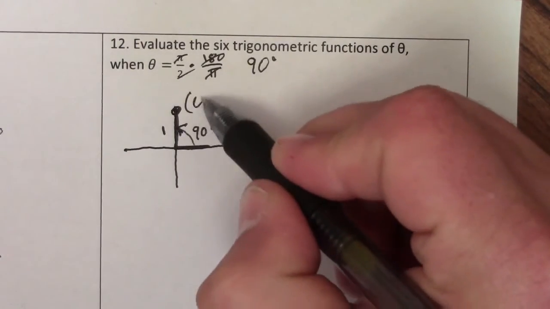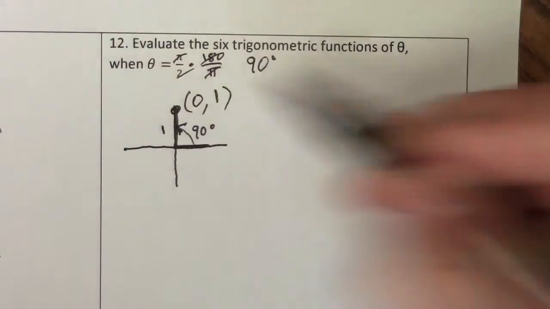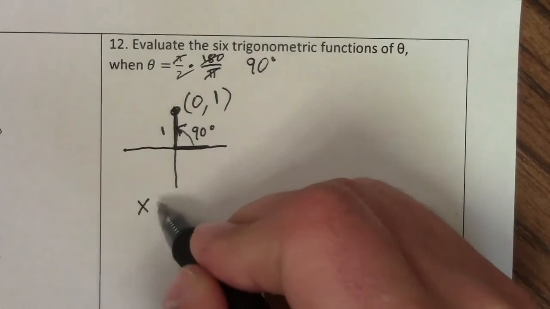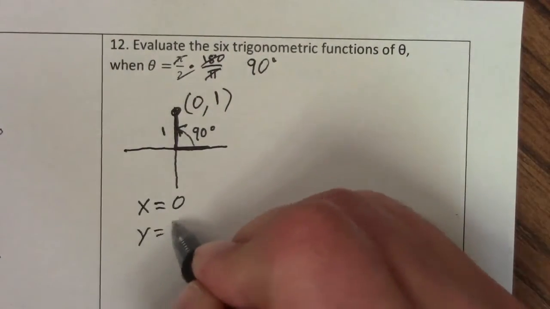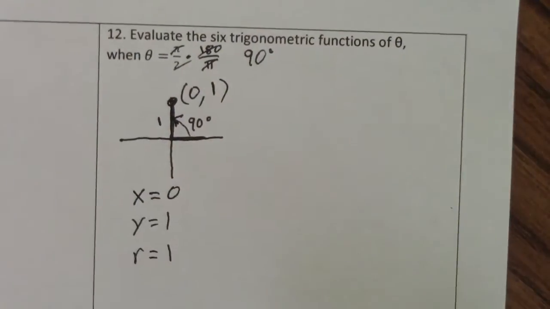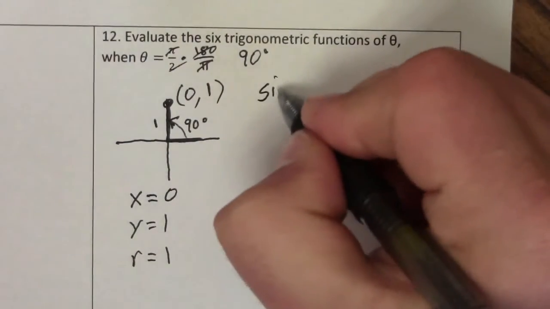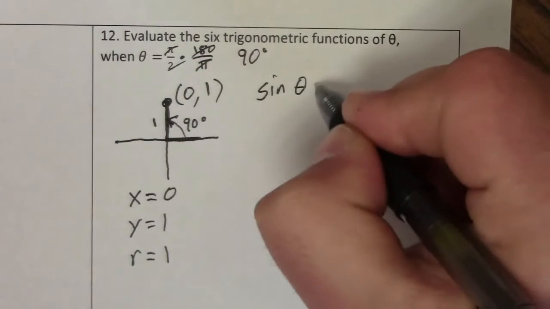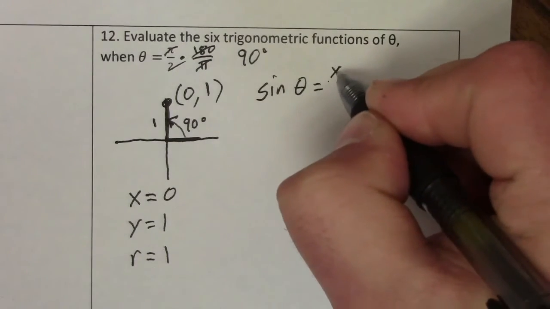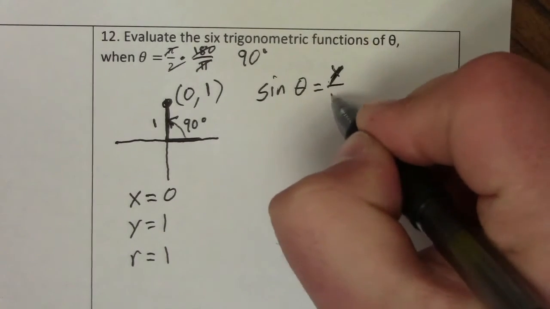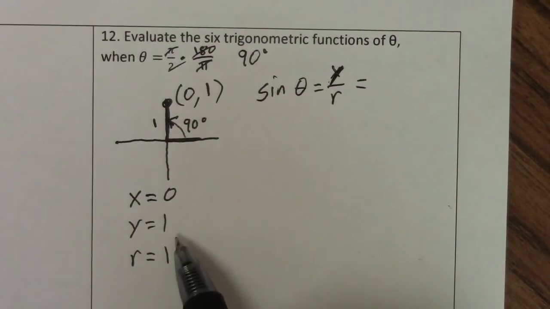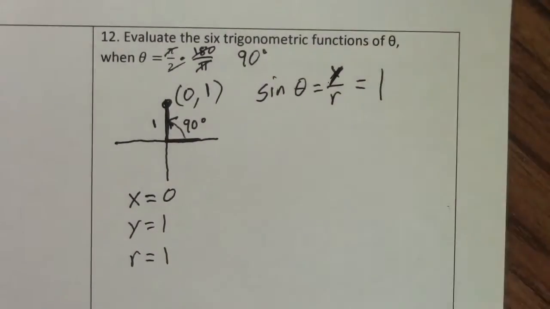So the x-coordinate would be 0, and the y-coordinate would be 1. So here's what we have. X is 0, y is 1, and our radius is 1. So the circle definitions: sine theta is y over r. So in this case, it's 1 over 1.